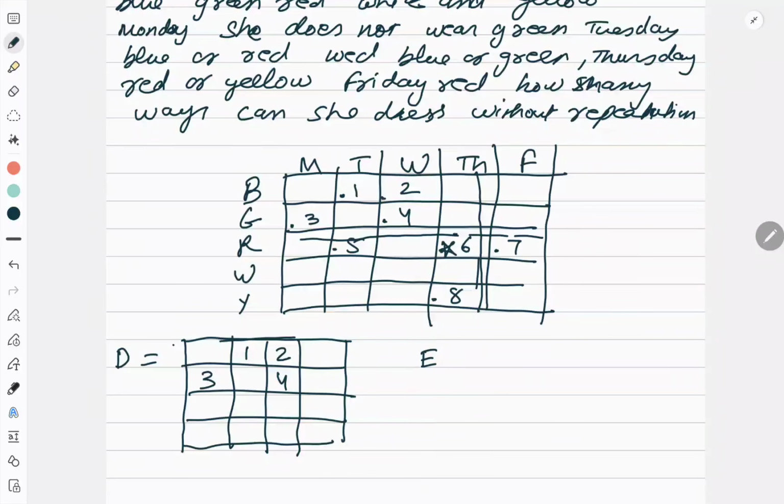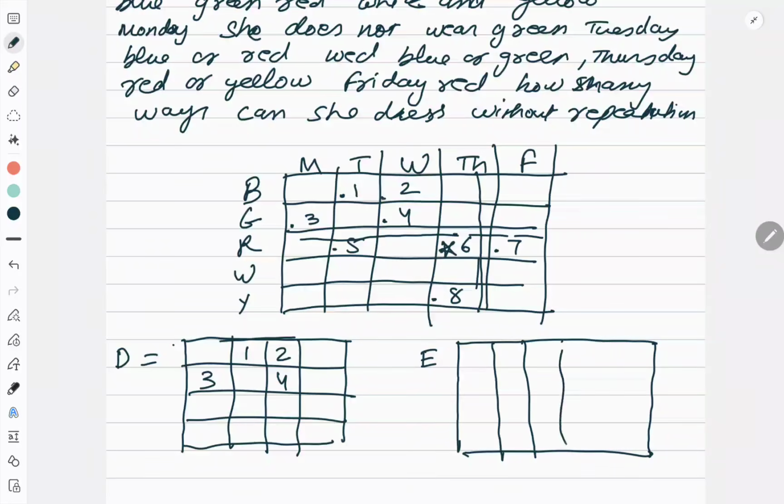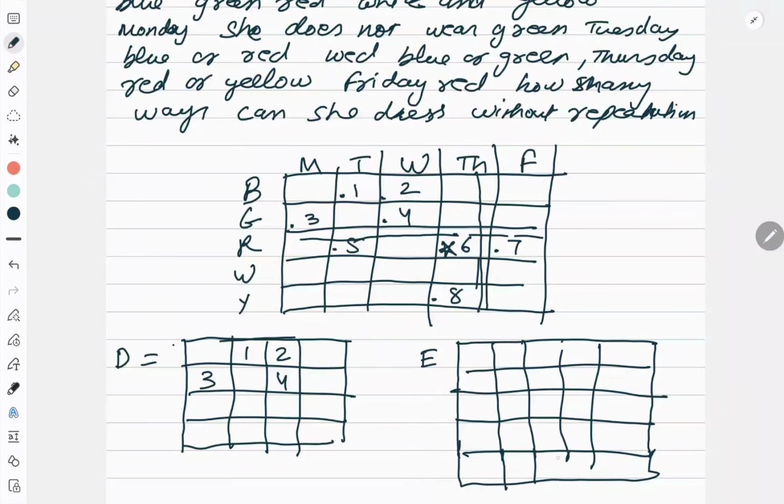Now E is formed by removing only that starred square, right? So now I will be writing the board 1, 2, 3 and 4, right? So 1, 2, 3. I should make one more. Now let me again put 1, 2, 3, 4, 5, 7, 6 is removed and here I have 8.